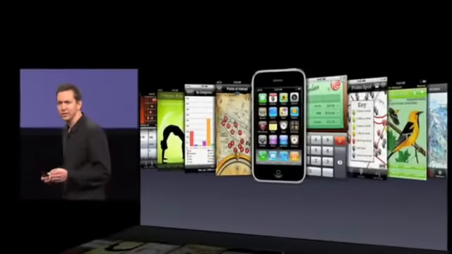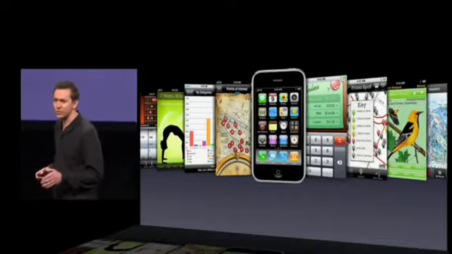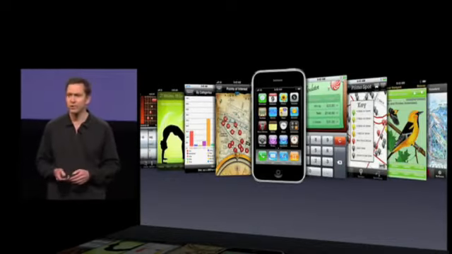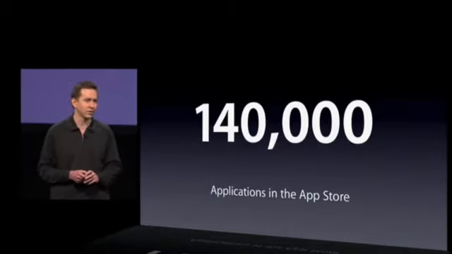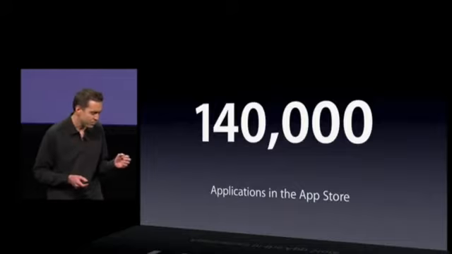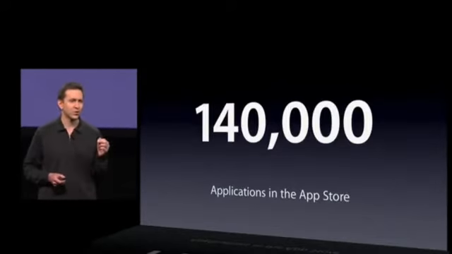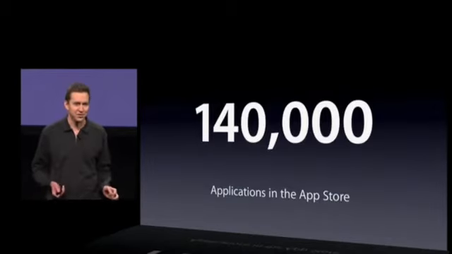The App Store has been a huge success. We launched it just about a year and a half ago, and already our customers have downloaded over 3 billion apps, choosing from among the more than 140,000 apps available on the store. Well, we built the iPad to run virtually every one of these apps unmodified right out of the box.